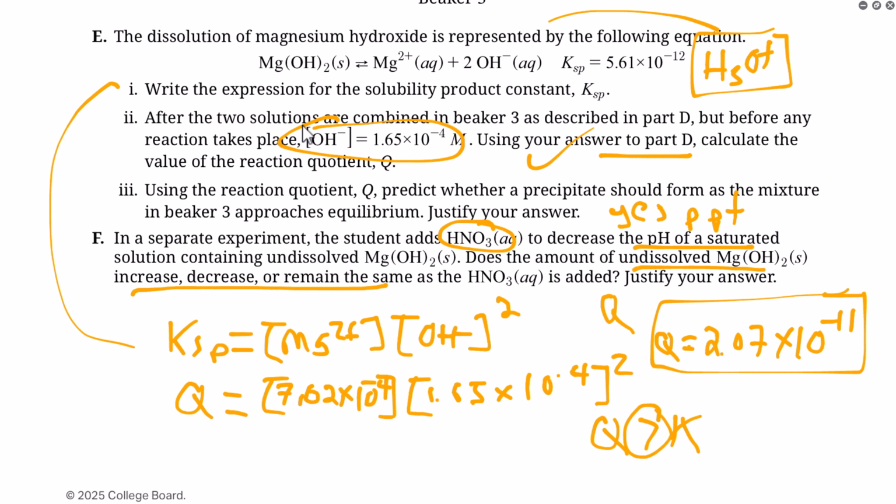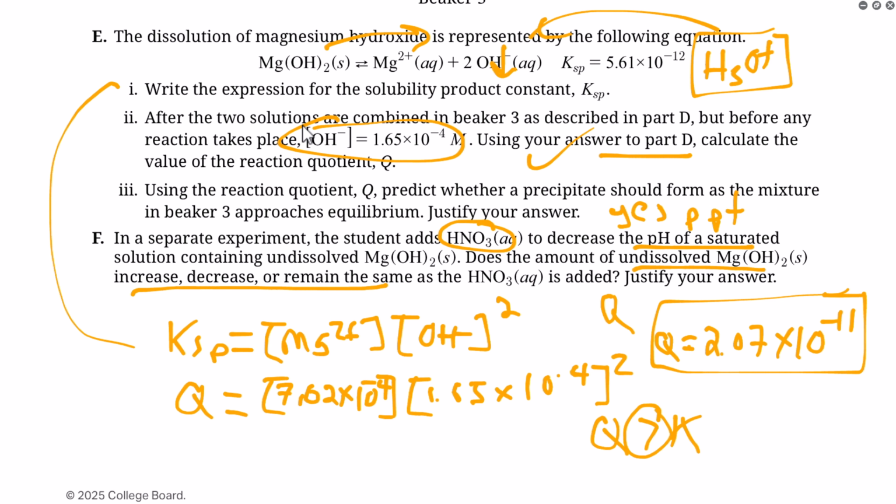Well, what H3O plus does when it reacts with the OH minus here is it neutralizes it to produce water, and so as a result, that drops the OH minus concentration. When it drops the OH minus concentration, Q no longer equals K. The system then responds by shifting to the right in order to reestablish chemical equilibrium.